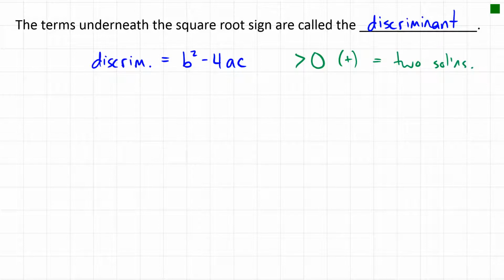If this value is equal to 0, then we get one solution. And if this value is less than 0 or negative, well, you can't take the square root of a negative number, so there are 0 solutions to the quadratic equation.